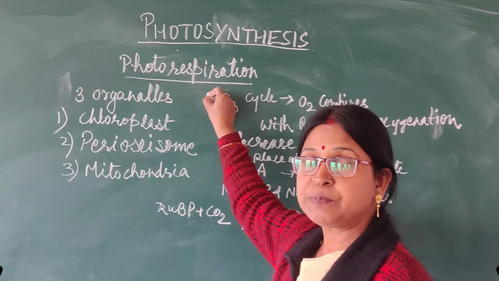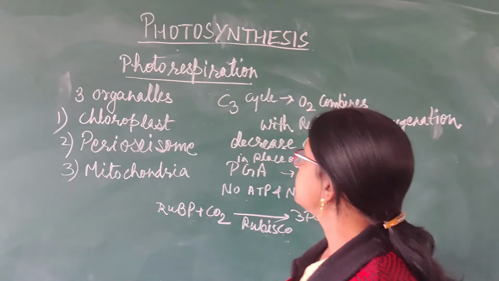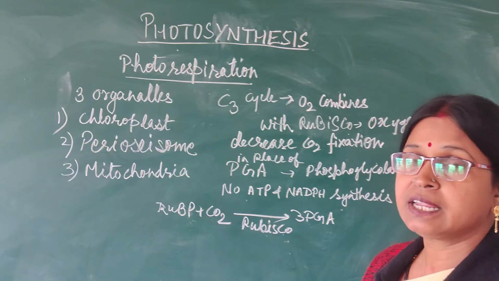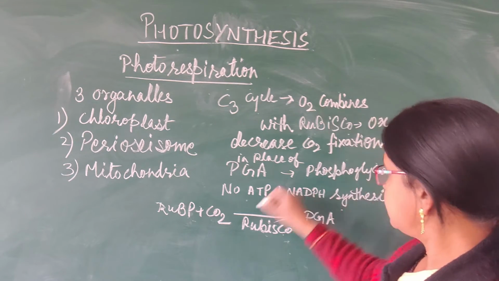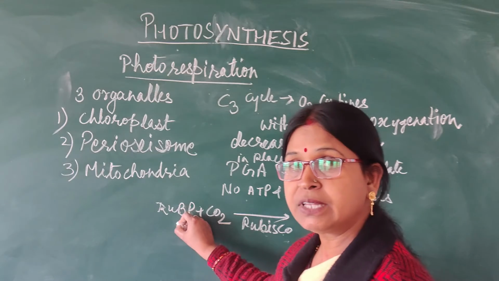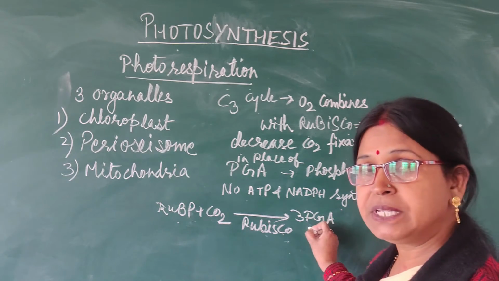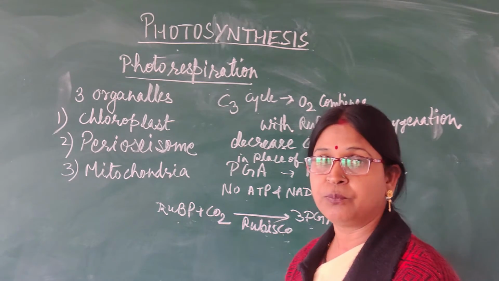This is photorespiration. The event occurs in photosynthesis. We know that in the C3 cycle, that is the Calvin cycle, CO2 combines with RuBP to synthesize a 3-carbon compound, that is 3-PGA, in a reaction catalyzed by the enzyme known as Rubisco.